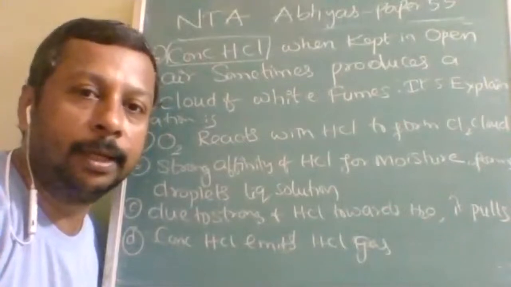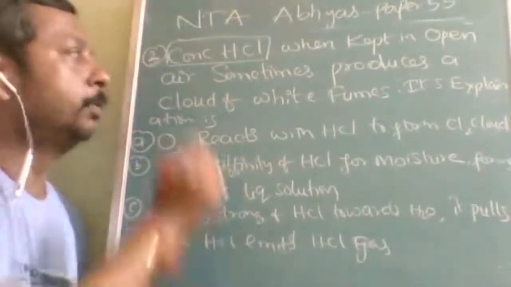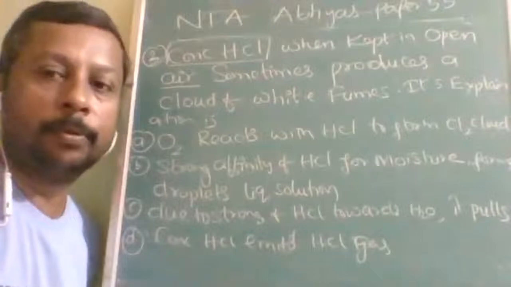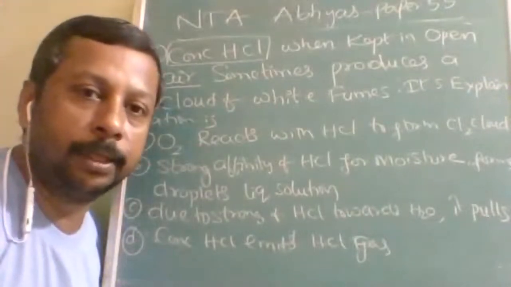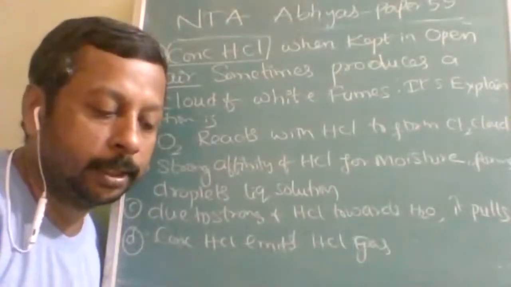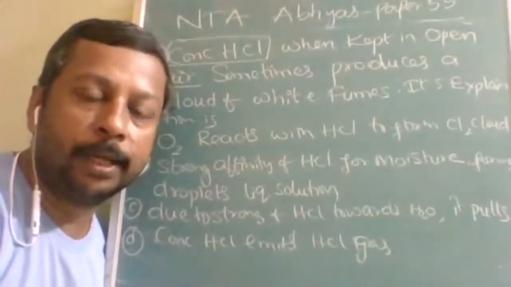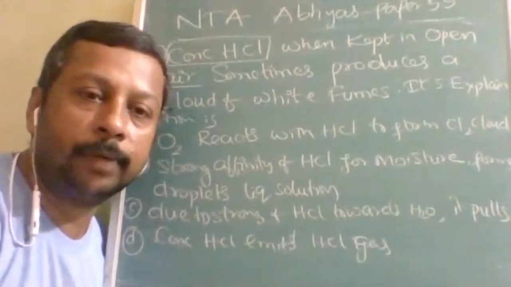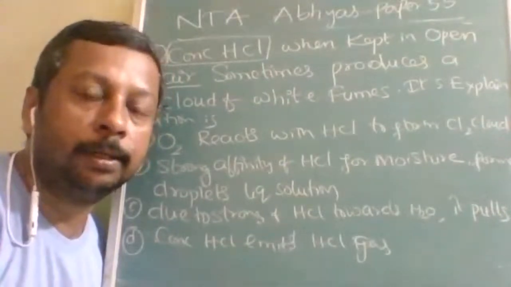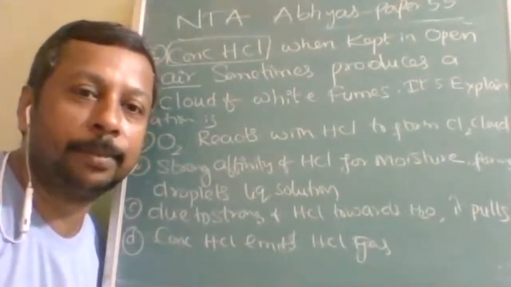But here it is not like that. It is kept in open air. If it were kept in ammonia, then that would be correct. There is a previously very important and repeated question: NH3 plus HCl will give white fumes of NH4Cl. But here there is a twist: it is kept in air.